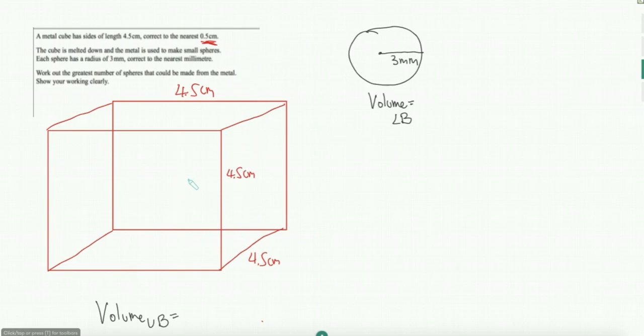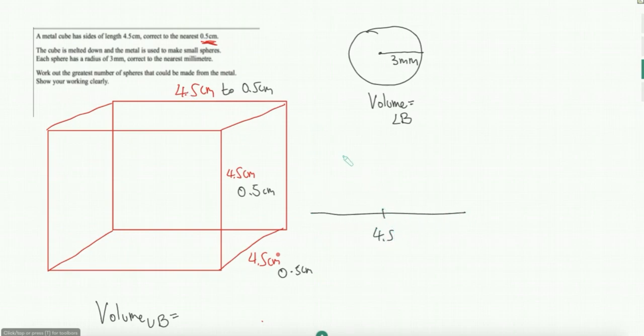If we want to find the volume of a cube, we have to do length times width times height, okay? But we know all these numbers are approximations. They're approximations to the nearest 0.5 centimeters. If I want to find the biggest volume possible, I want to find the upper bound for all these sides. Let's go ahead and find the upper bound for 4.5.